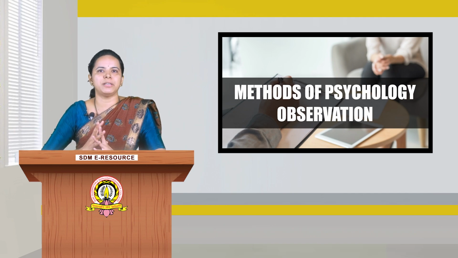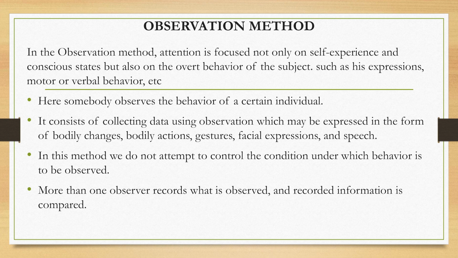What is the observation method? In the observation method, attention is focused not only on self-experience and conscious states but also on the overt behavior of the subject, such as his expressions, motor or verbal behavior, etc. we can observe. Here, somebody observes the behavior of a certain individual.